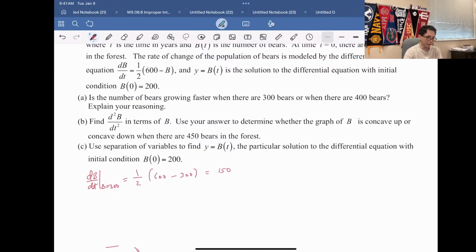So they are growing at a rate of 150 bear per year. When B is equal to 400, that's 1/2 times (600 minus 400), and that's going to be 100 bear per year. So when they get to 400 bear, they actually grow slower, and ecologically that makes sense from what carrying capacity is.